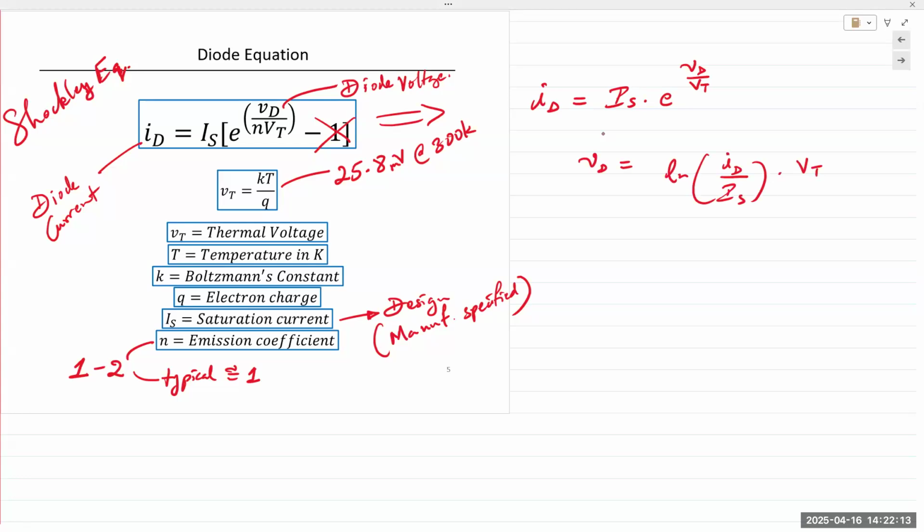Okay, so given the voltage, we can find current. Given the current, we can find the voltage. All right. Any questions?